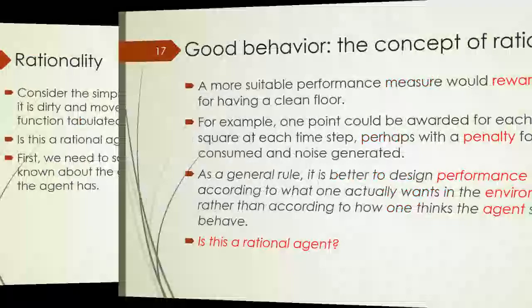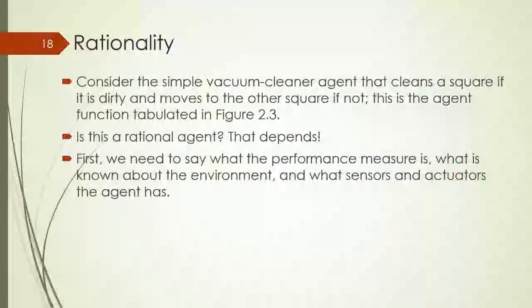Let's talk about rationality. Consider the simple vacuum cleaner agent that cleans a square if it is dirty and moves to the other square if not. This is the agent function tabulated in figure 2.3 that we had before. Is this a rational agent?